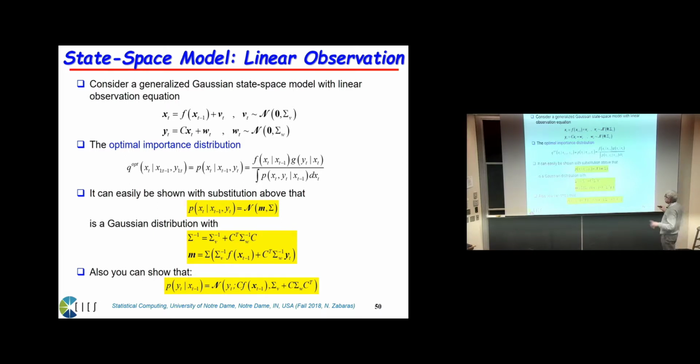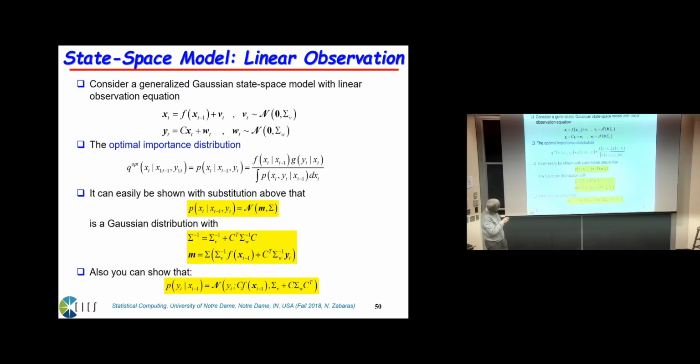But let me generalize, because you may find this slide useful for your work. If the dynamics are nonlinear, and you have any function f of x_{t-1} giving you x_t, but the observation model is linear, so this matrix C is constant, then the optimal proposal distribution comes out to be also Gaussian with this mean and this covariance. Just manipulation of the equations.